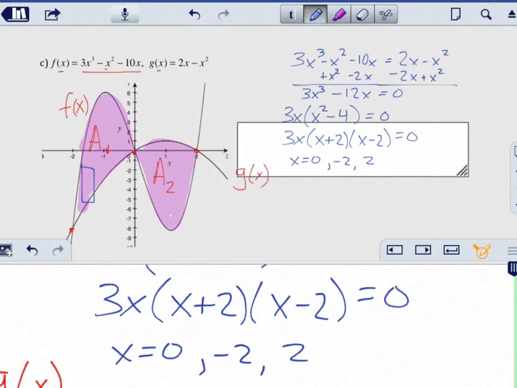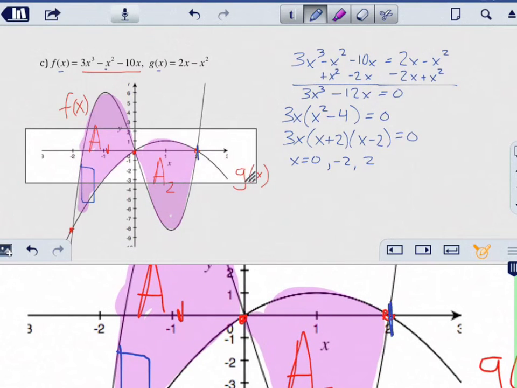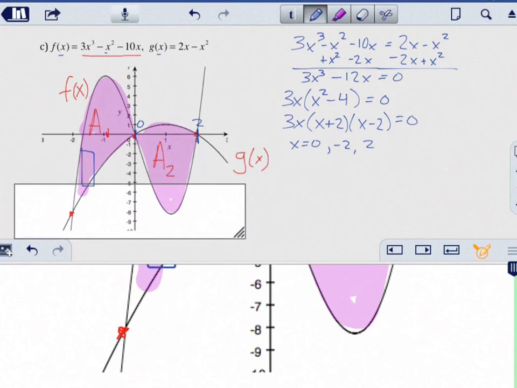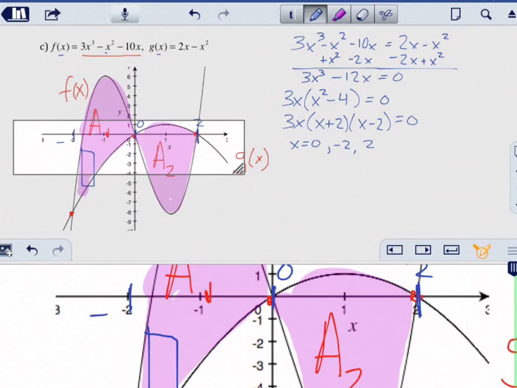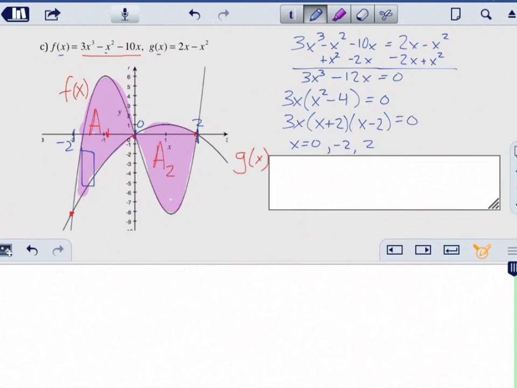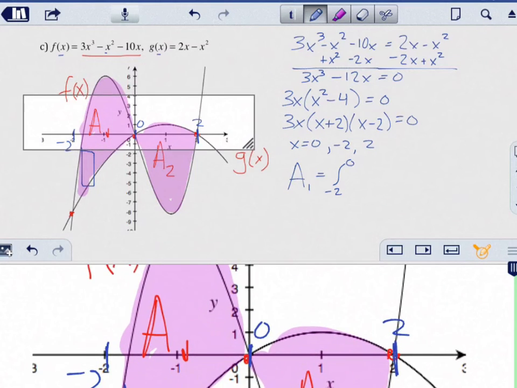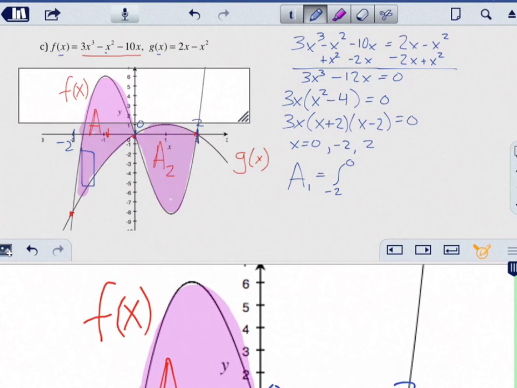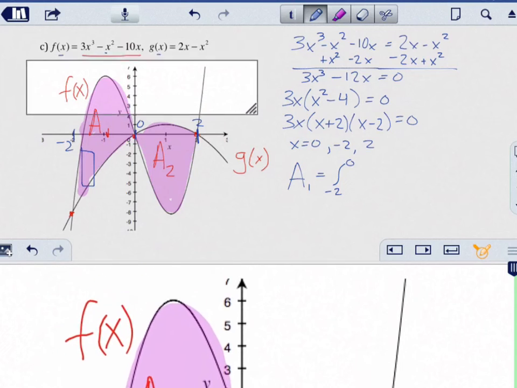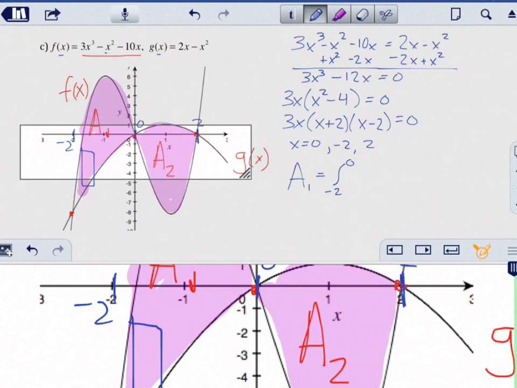Okay, so looking over here, we know that this x equals 2, this one is 0, and then down here, this is happening here at negative 2. So to find A sub 1, it's going to equal the definite integral from -2 to 0 of the top function minus the bottom function. So for A sub 1, our top function is going to be f of x, and the bottom function will be g of x.